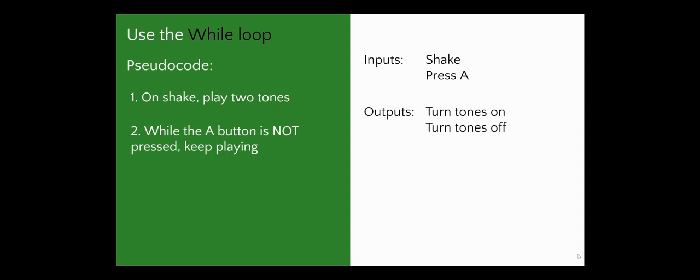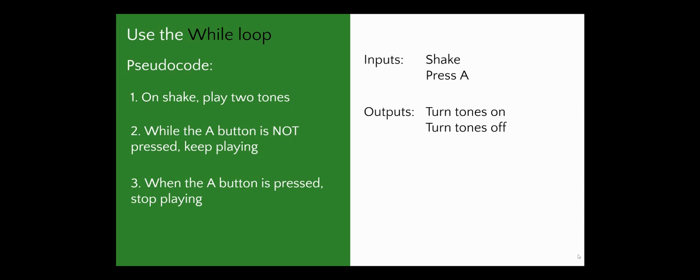While the A button is not pressed, we want those two tones to keep playing. This is where that loop, that repetition, that iteration comes in. While the A button is not being pressed, we're going to keep playing those two tones over and over again. When the A button is pressed, we're going to stop the playing.